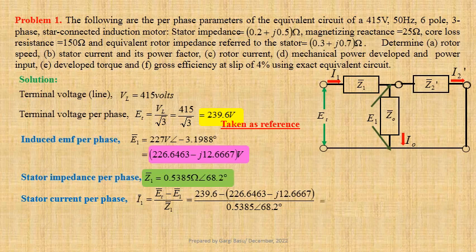That gives us 18.1175 at an angle 44.3582 degree divided by 0.5385 at an angle 68.2 degree. That is equal to 33.6444 ampere at an angle minus 23.8418 degree.